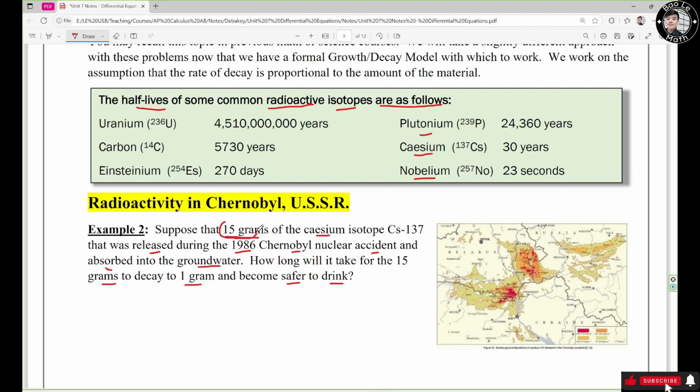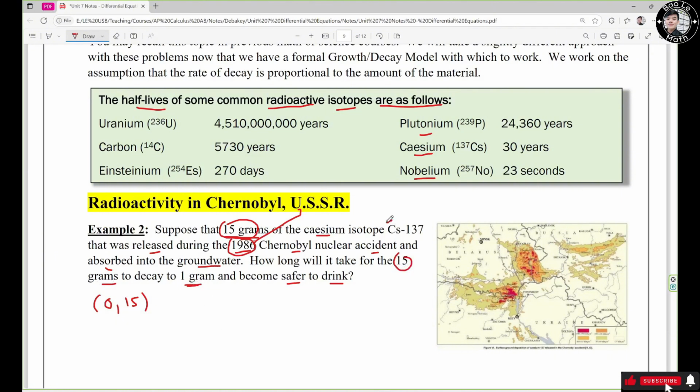15 grams was released during 1986, so it tells us that you have the first ordered pair: at t equals 0, you have 15 grams, right? 1986 is the initial time, which is t equals 0. Now, next one. How long will it take for 15 grams to decay to 1 gram?